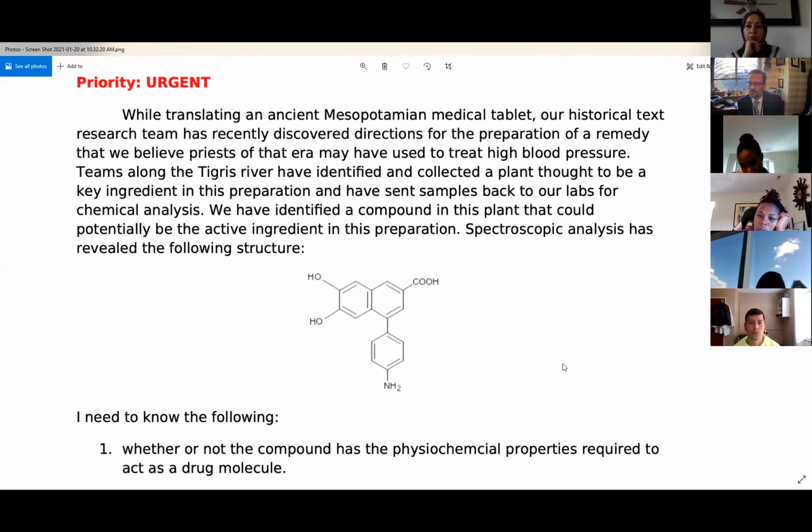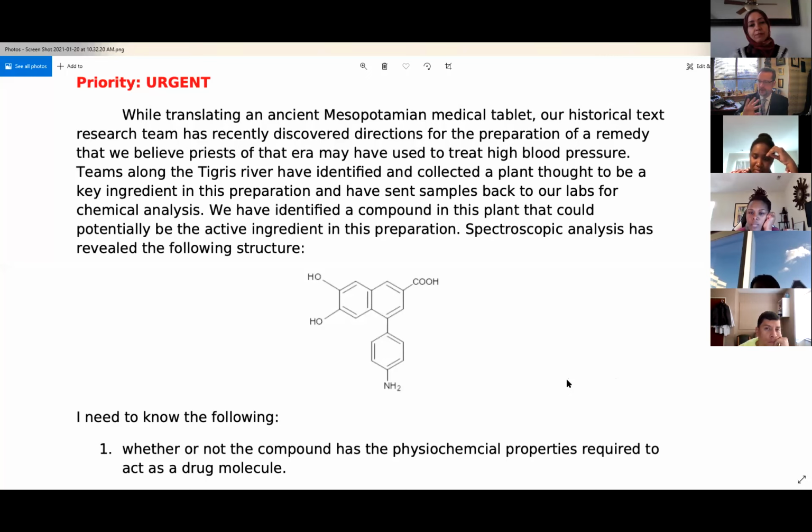The one thing we got stuck on was that I think we need to know whether it's an acid or base in order to proceed. Right, that's question number 3, which gives you the pKa value, and whether it's absorbed, where in the GI tract it might be absorbed based upon the pKa value.